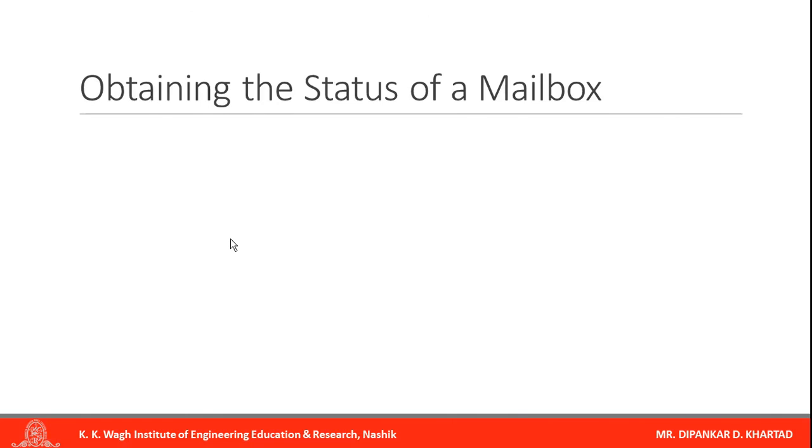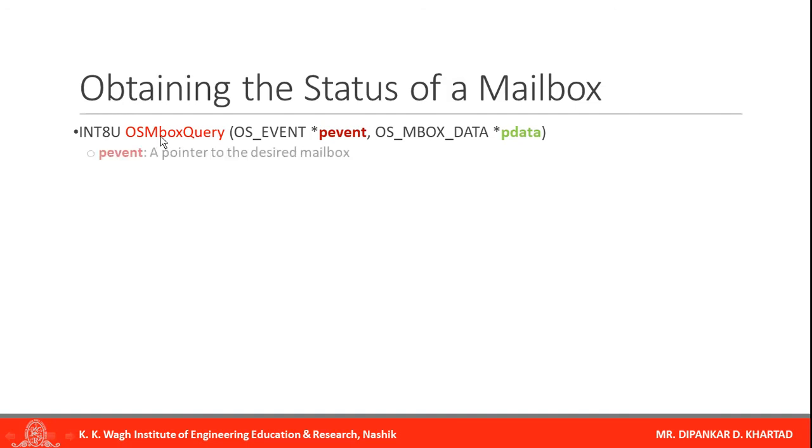Now the next service is obtaining the status of the mailbox. Again its syntax is OS mbox query. Means we want the status of the mbox, that's why we are using mbox query. In that we are using two arguments: first one is pevent and pdata.